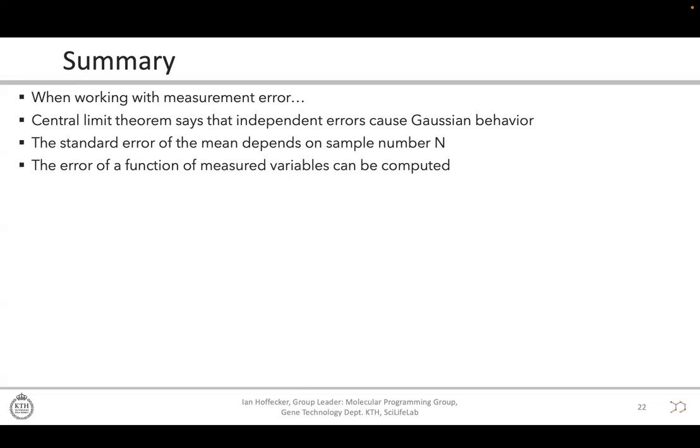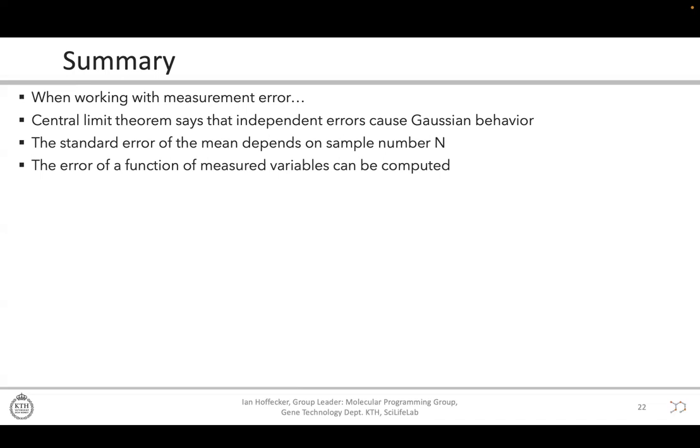When you're doing multiple measurements, you're taking the mean, and the mean itself is a more confident statement than a single measurement. So it makes sense to use the standard error of the mean, which is a version of error or standard deviation, but one which depends on the number of samples that you took.